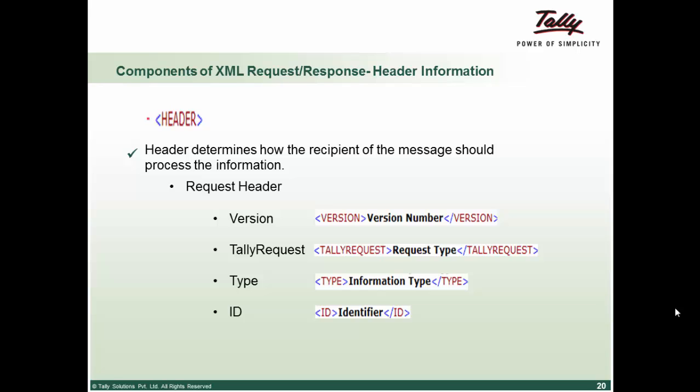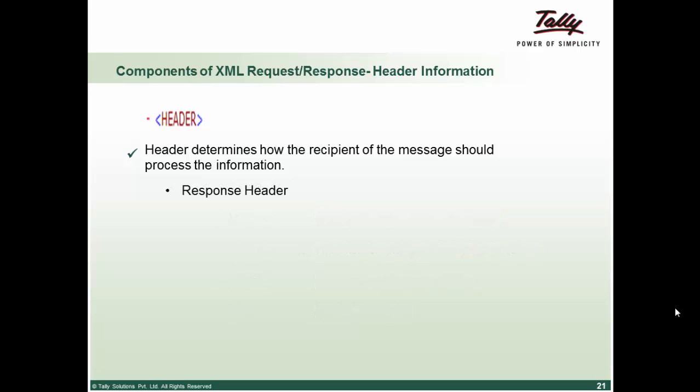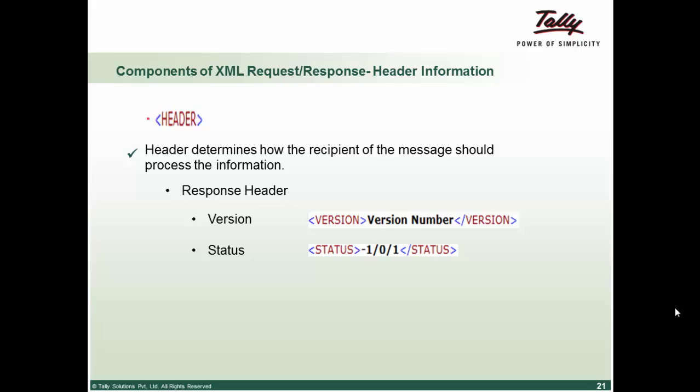So this is the header tag with the request headers. Similar to request, we also have response headers, and it has mainly two elements: version and status. The status can be -1, 0, or 1.